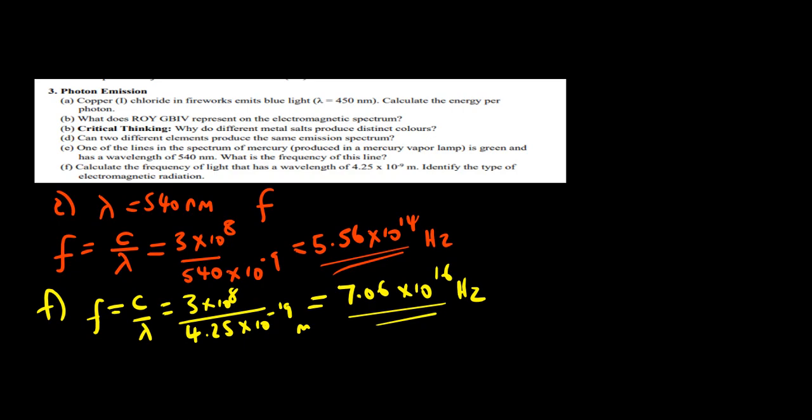This wavelength, they've already given you a wavelength, so you just have to know where you are going to find it. You check on your electromagnetic radiation spectrum. The wavelength, 4.25 times 10 to the power -9, falls in the X-ray region.